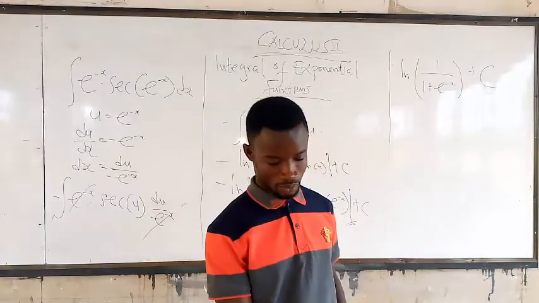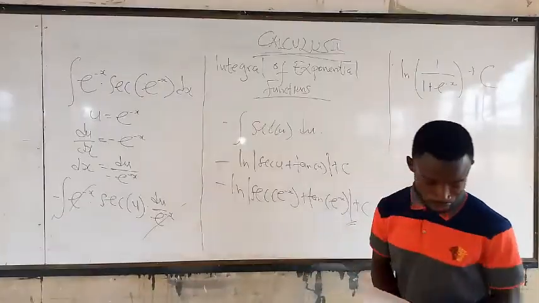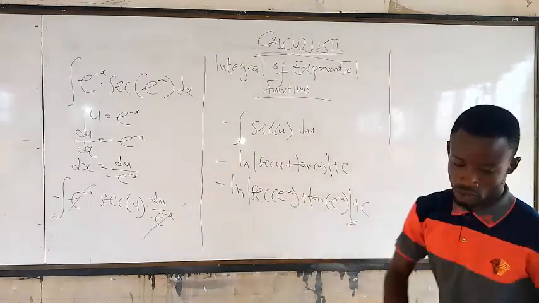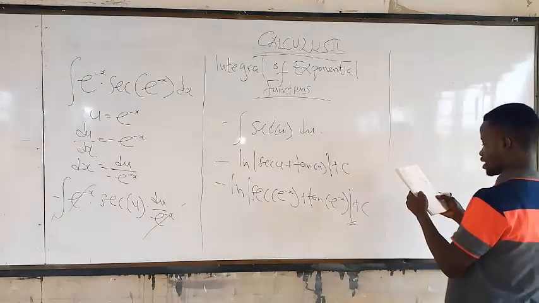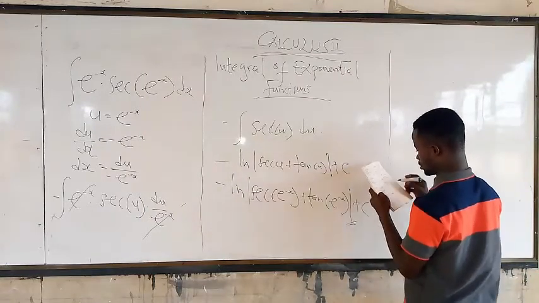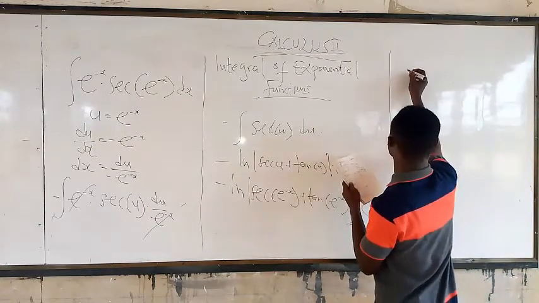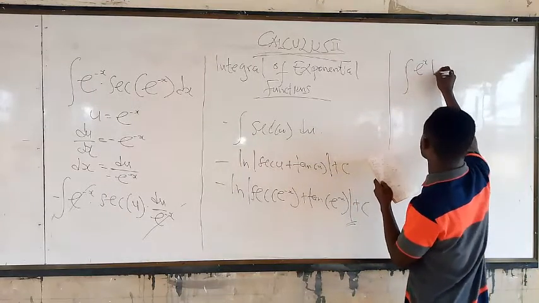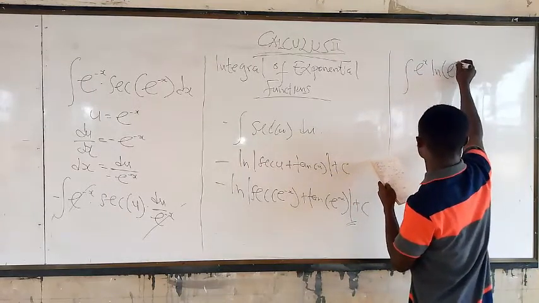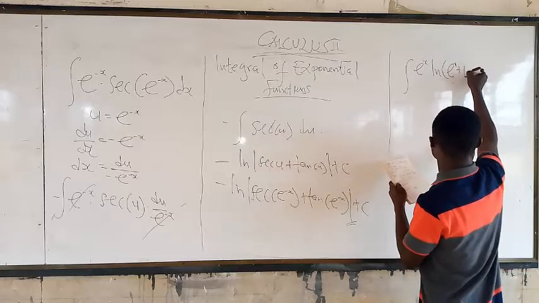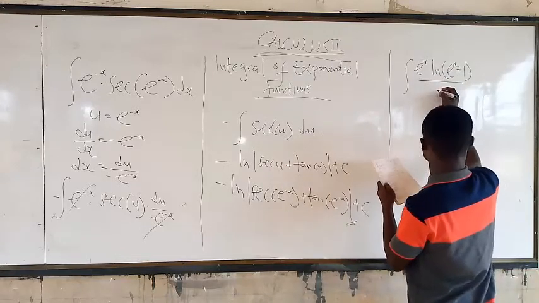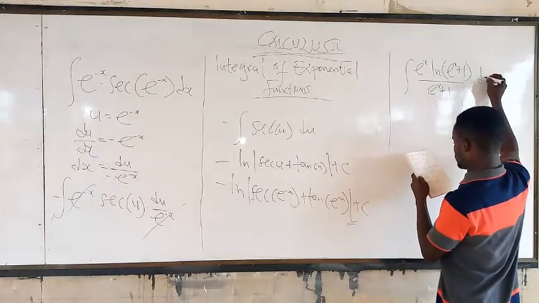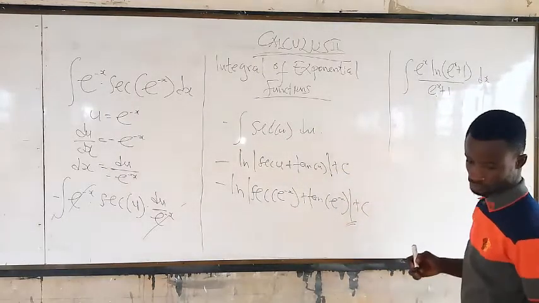Our next example is also interesting. We have the integral of e raised to power s ln of e raised to power s plus 1 over e raised to power s plus 1 ds.